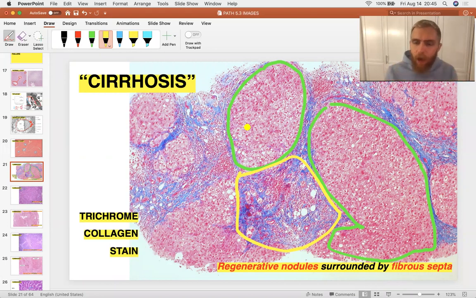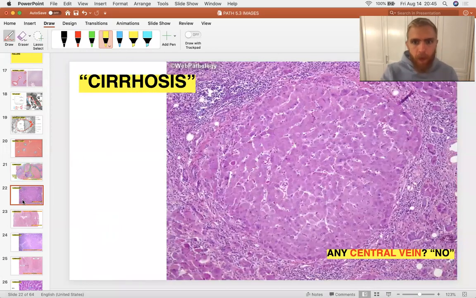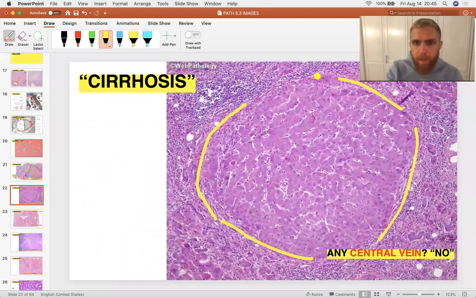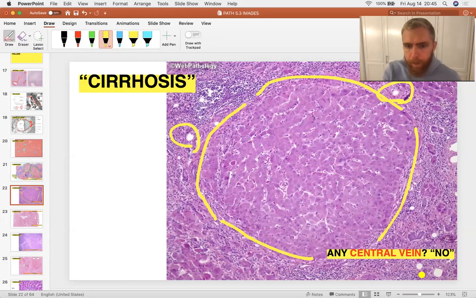There's a lack of portal triads in these cirrhotic nodules. Here's another one. Here's the outline. I'm not seeing a central vein in the middle of this globe of hepatocytes. I'm seeing some veins at the side, right? And I'm not seeing anything directly in the middle.